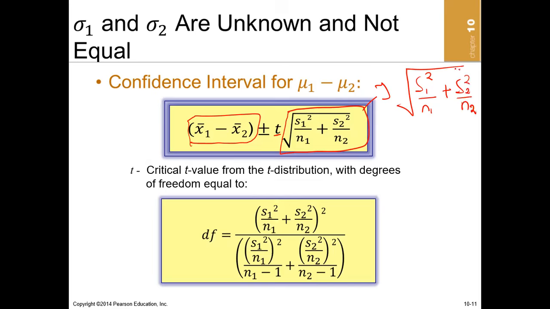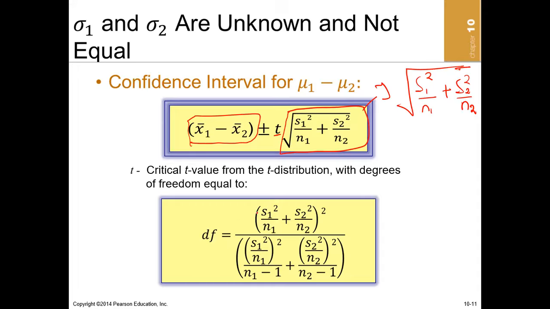This one is simpler. So remember, we can have a situation where the population standard deviations are unknown and equal, which I've talked about already, and this situation where they are unknown and not equal. Because we are using a T, we have to read from a table, and to read from the table we need a degree of freedom.